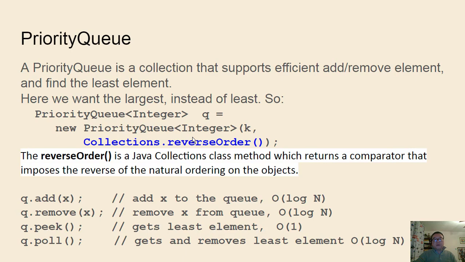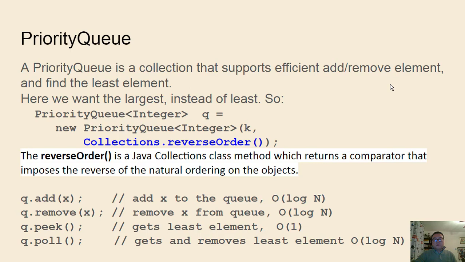Or we can put in the negative of the value instead of the actual value, and when we take it out, we negate it again. The priority queue supports these operations, add, remove, and find the least element, in log n time.